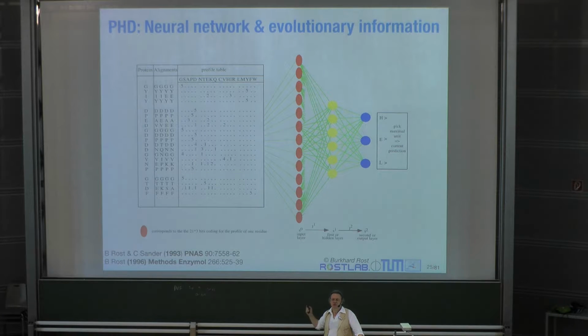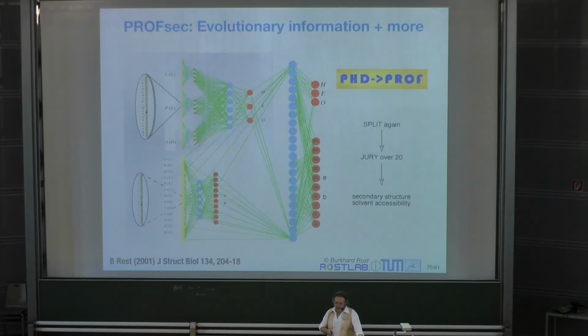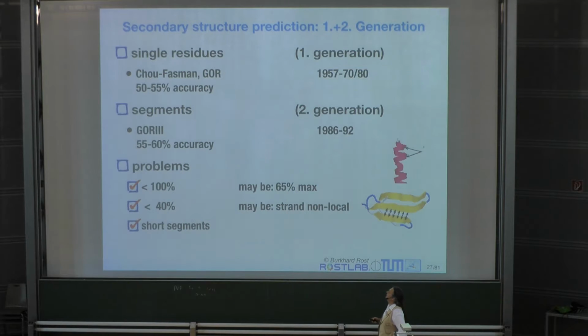It's a simple vector of real valued components taken from the frequency of occurrence in that particular family. That method, and here is a more complicated one, clearly does much better. It reaches levels today of almost 80% accuracy.